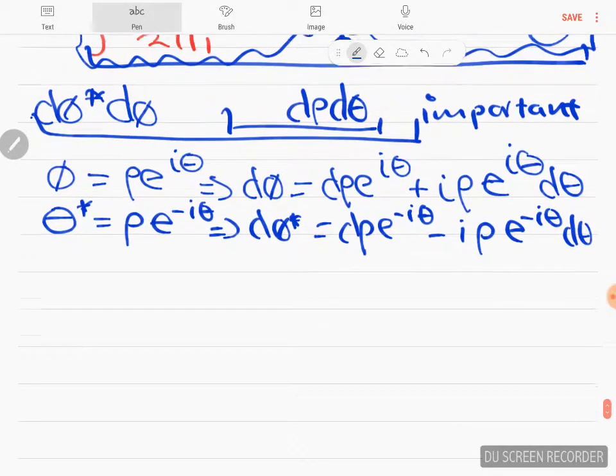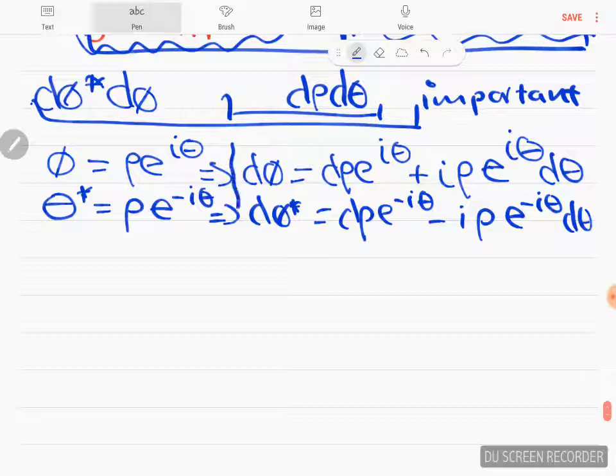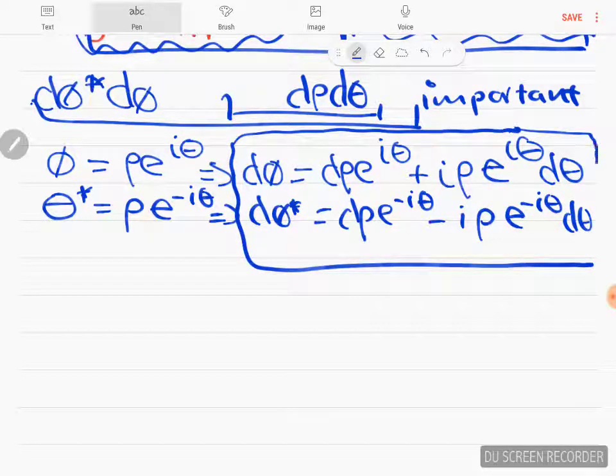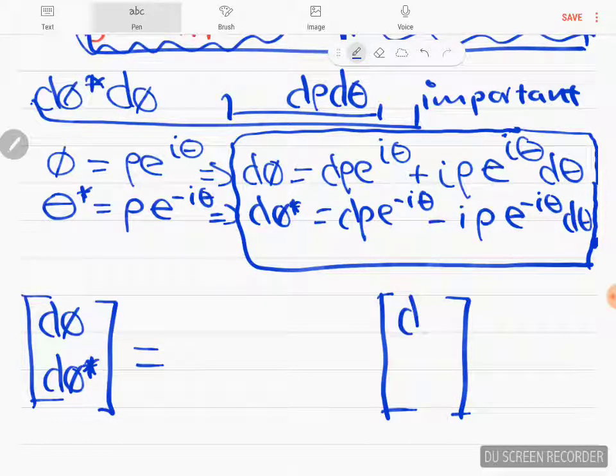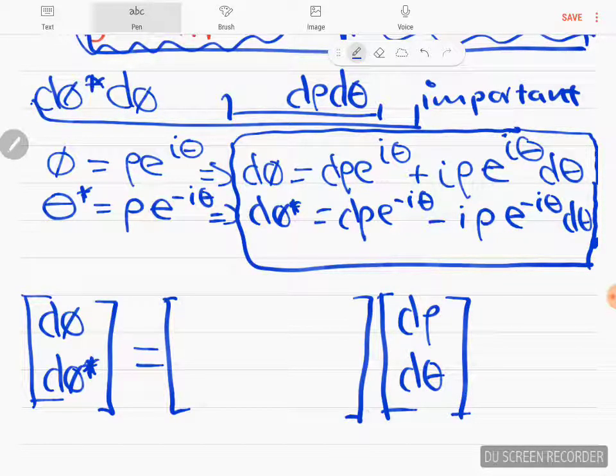Now, using these expressions for d phi and d phi star, we can write this in matrix form. So we will write d phi star, d phi, and here we will write d rho, d theta. Now, what are the matrix elements that define this transformation?